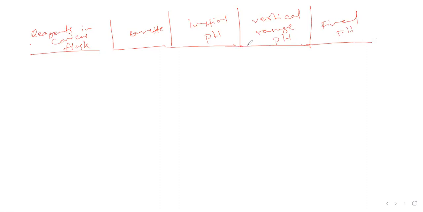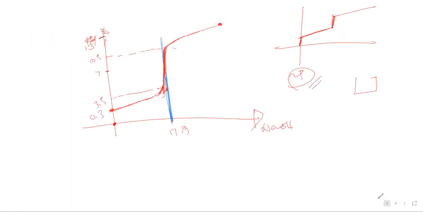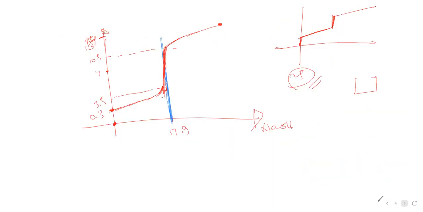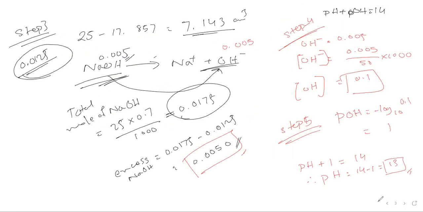Now, oftentimes you won't be given the initial and final pH. At that moment we need to calculate the pH values the way we did just now. This is step 5, from here to here.